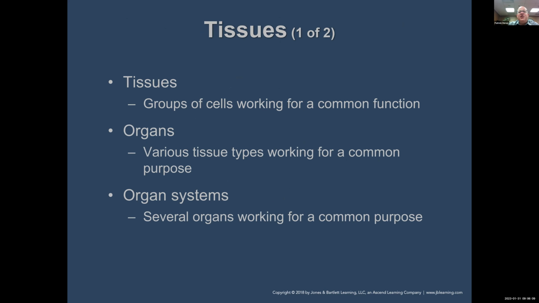This is some basic tissue review. Tissues are a group of cells working for a common function. So tissue can be skin, right? Even though the skin's an organ, it's made of tissue.